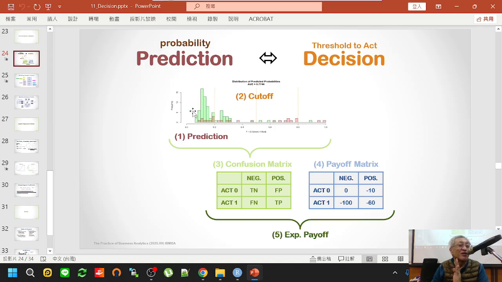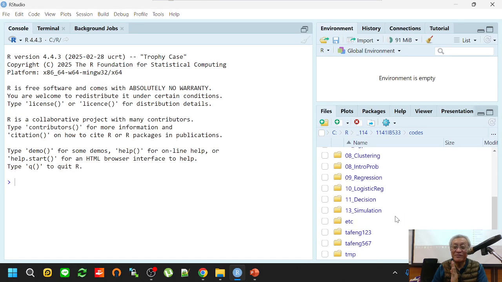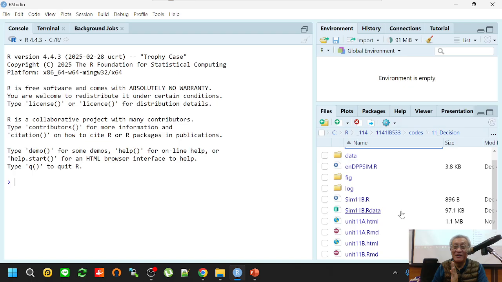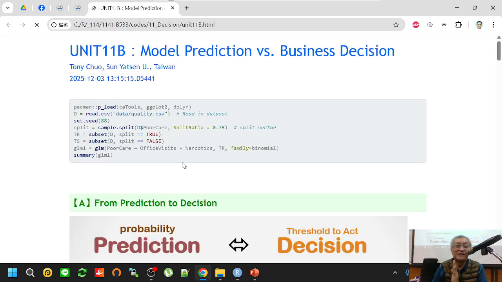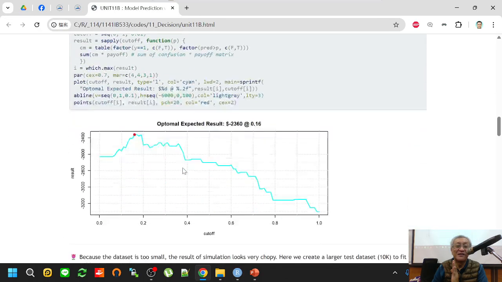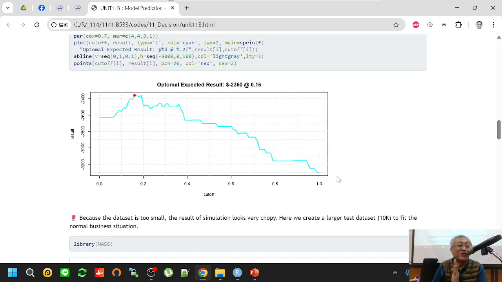We move that cutoff threshold from 0 to 1, and when this threshold moves, the confusion measures will change. So at the end, we will have something like this when we change the cutoff ratio from 0 to 1.